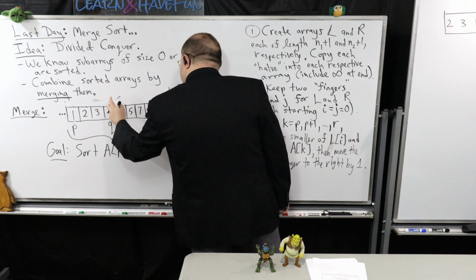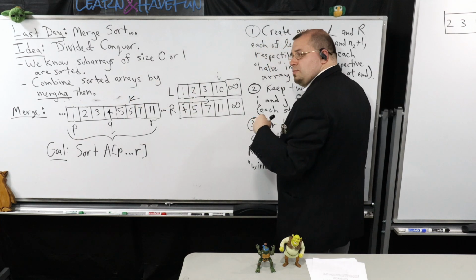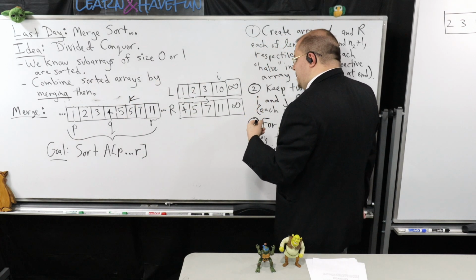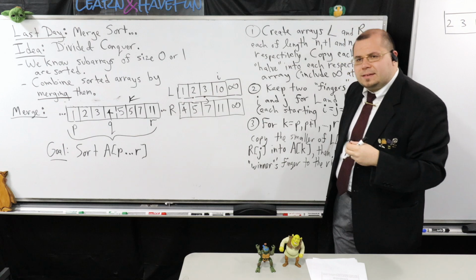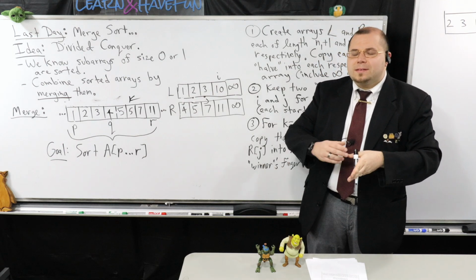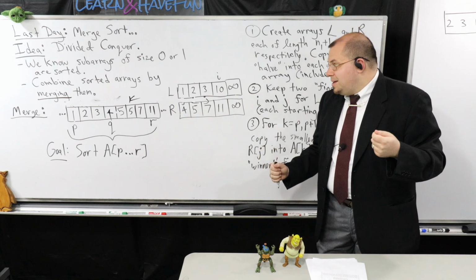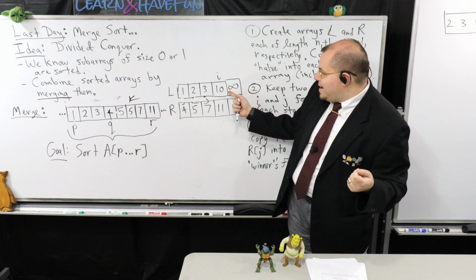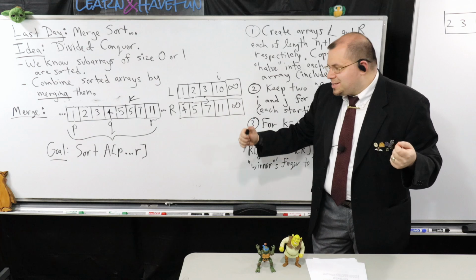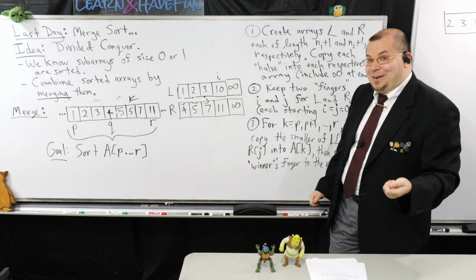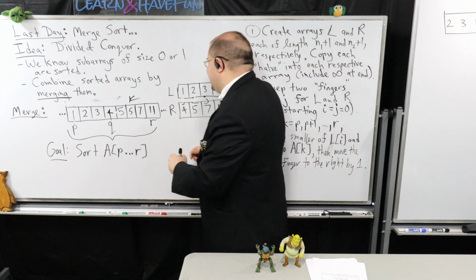And now I increment for my next round. So the next round, I have 7 versus 10. Which team wins? Because L's got 10, R's got 7. It's going to be R this time, right?